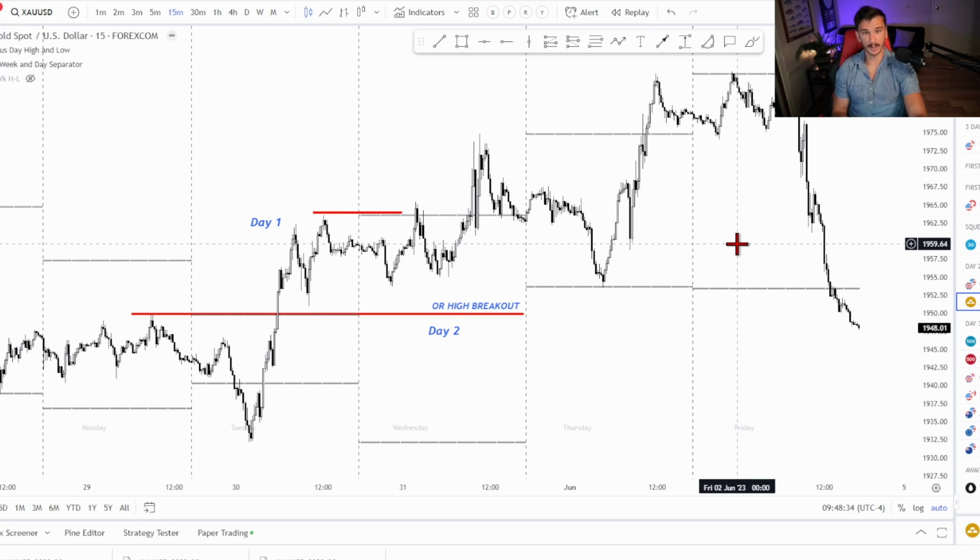I'm looking for a parabolic or short squeeze opportunity based off of the fact that it's day two in the 3-day cycle. And I'm looking for a peak formation low, a peak formation high, and preferably a parabolic trend trade style of trade based off of the 3-day cycle and the weekly template.